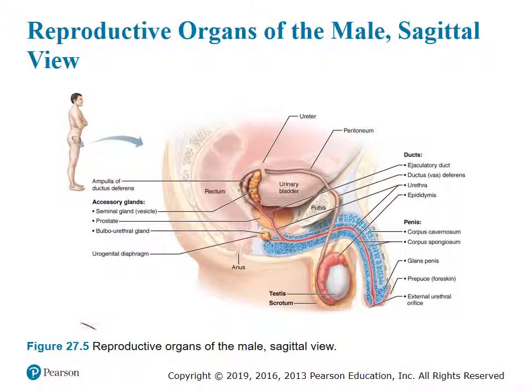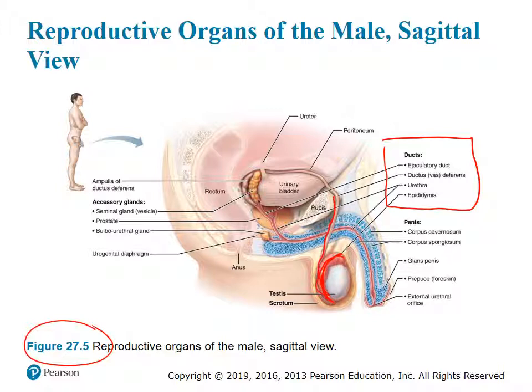So this is figure 27.5, and 27.5 shows the male reproductive organs. We look at the sagittal view. In particular, we look at the ducts here, and these are the ducts that fall in line right next to the testes, and we call that first duct the epididymis, right? And then we've got the ductus deferens, or the vas deferens.